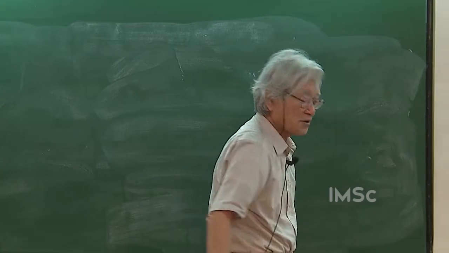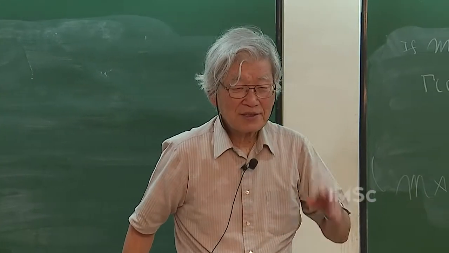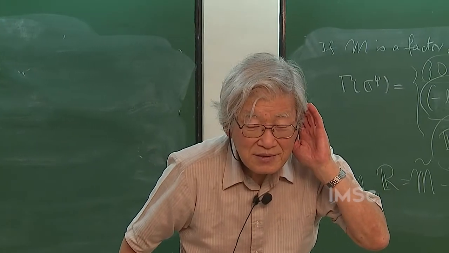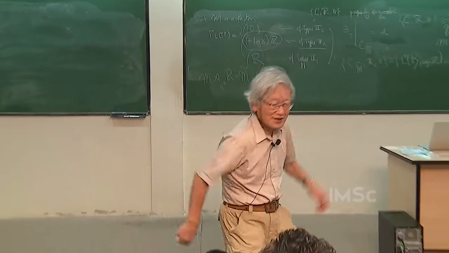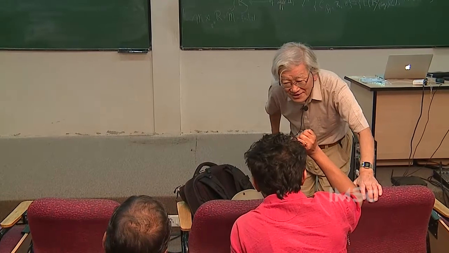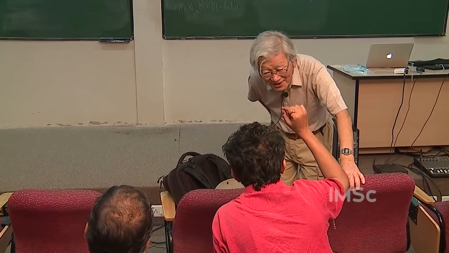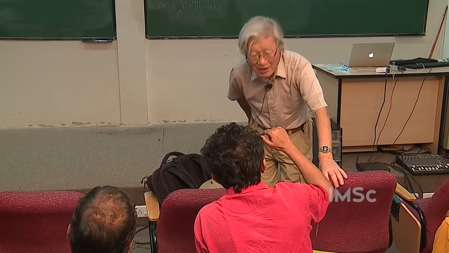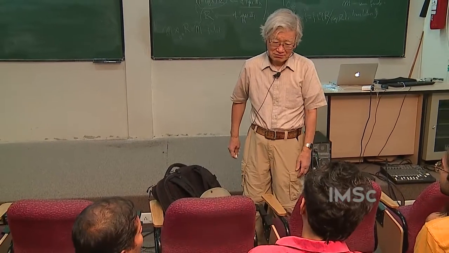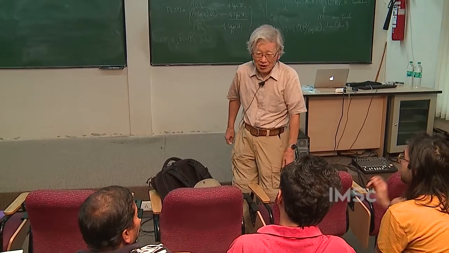Okay. Now, yes? So a type 3,1 factor can never be seen as a cross product with respect to a discrete group? That can happen. That can happen. How does it occur?